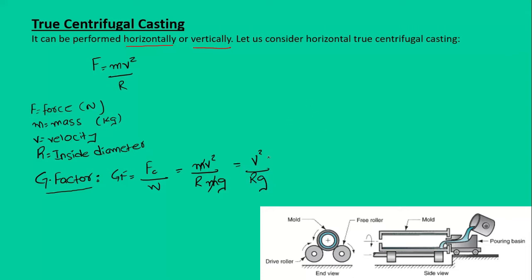But as you know, we have the velocity in terms of meter per second, but it's in a rotational motion, so we will convert this into revolutions per minute. So we can simply convert this velocity v into rotational, that is equal to 2 pi r n.